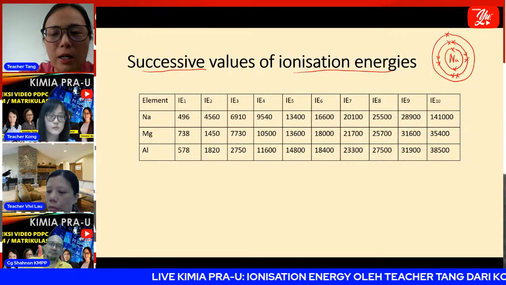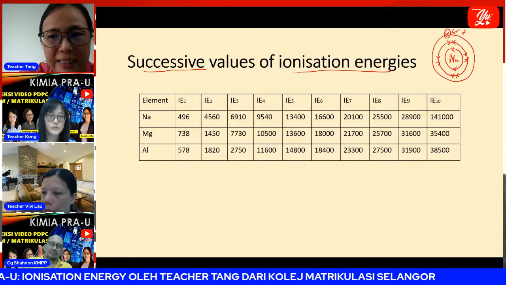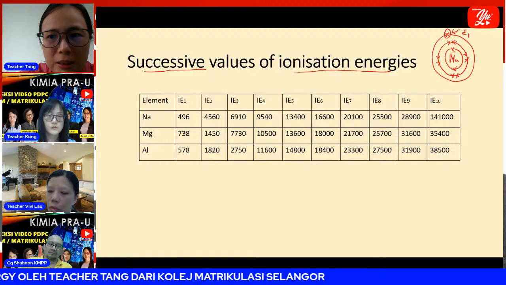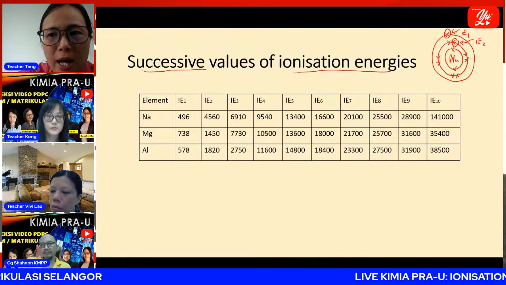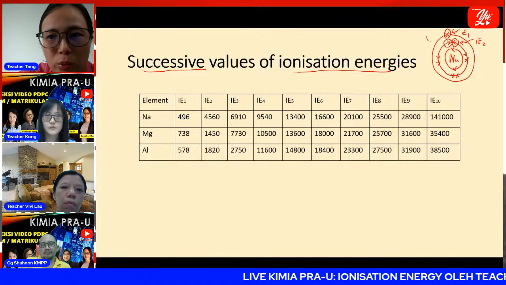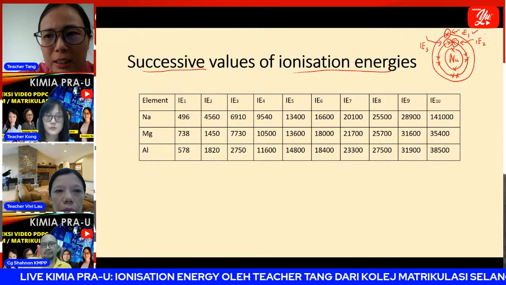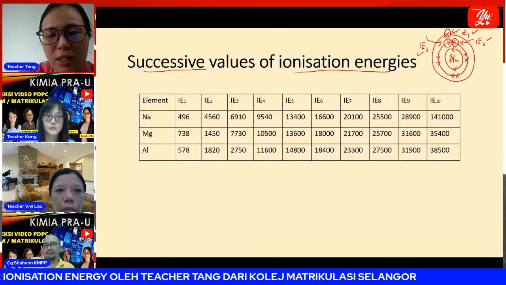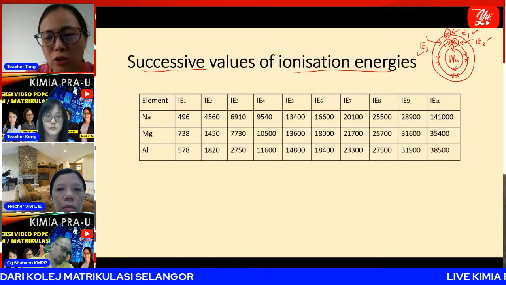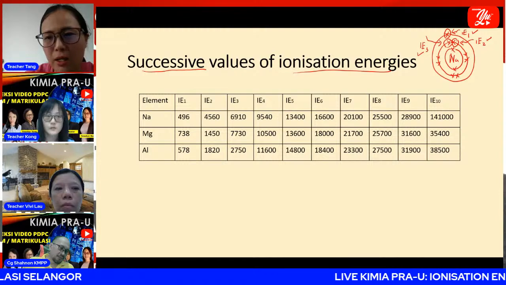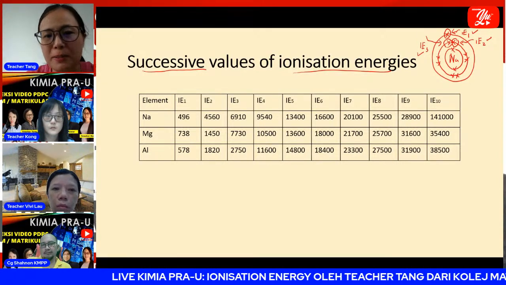The energy put in to remove the first electron is the first ionization energy, the energy put in to remove the second electron is the second ionization energy, and the energy put in to remove the third electron is the third ionization energy. These first, second and third ionization energies are basically the successive ionization energy, the ionization energy that is continuously put in to remove electrons from a species.